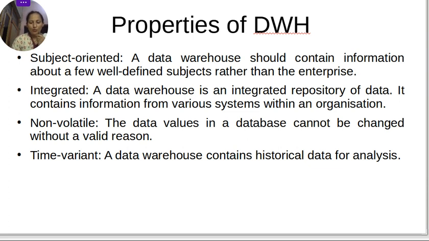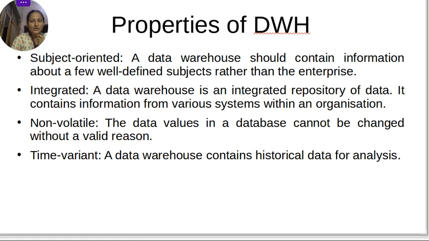So what is the beauty of the data warehouse? If we ask an enterprise for the data for a particular thing, it will not vary. What are the properties of a data warehouse? It should be subject oriented. First, a data warehouse should contain information about a few well defined subjects rather than the whole enterprise.